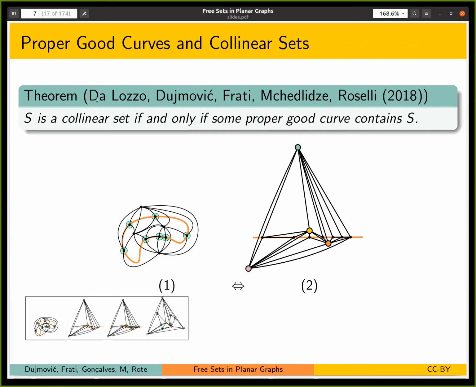And that's a result of Dell'Ozzo, Dujmovic, Frati, Milazzo, and Roselli that says that these two things are equivalent. And I want to sketch the proof of that because it'll highlight one of the big difficulties in proving the complete equivalence.